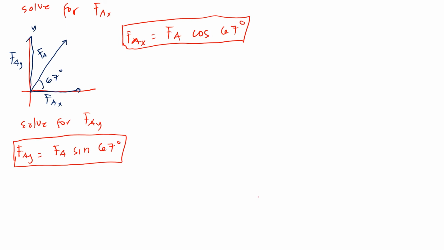When we say summation, we're going to solve for the total net force of the forces in the x and y components. So let's solve for the net force, or the summation of F sub x, the net force in the x component.